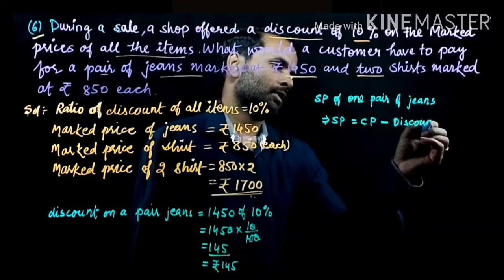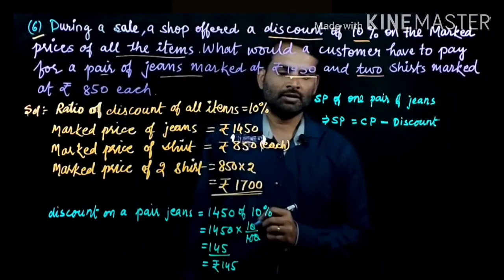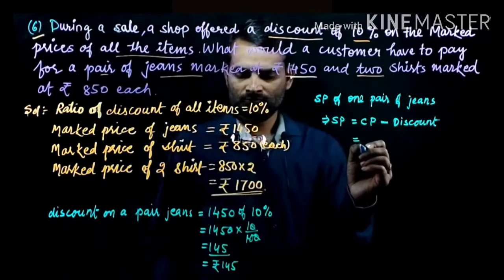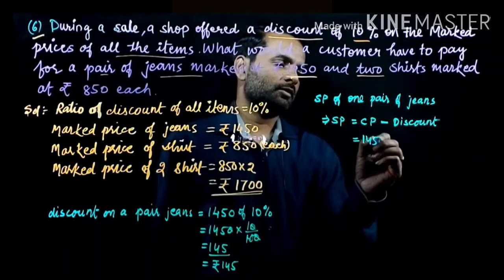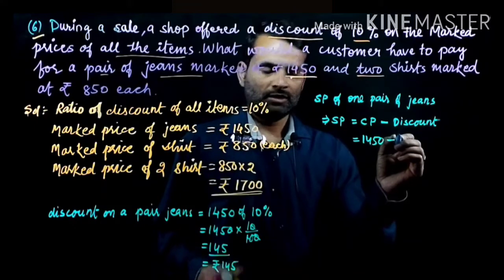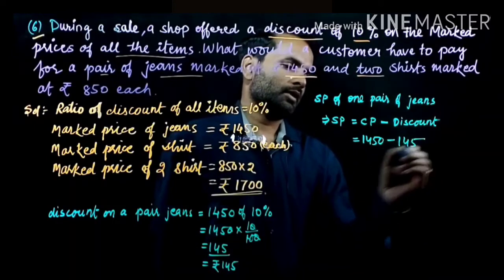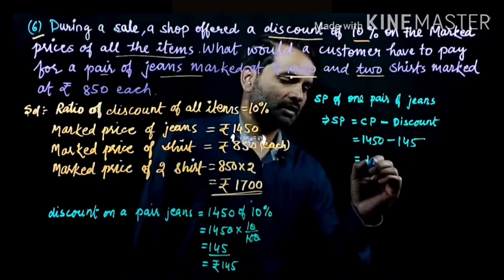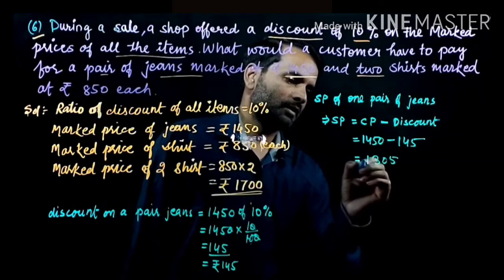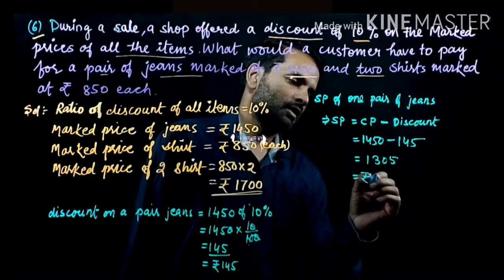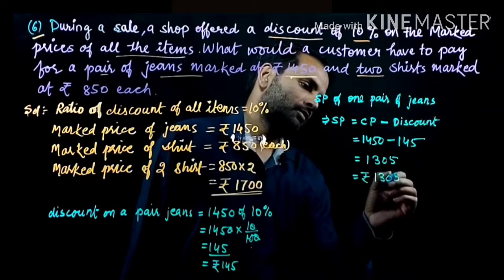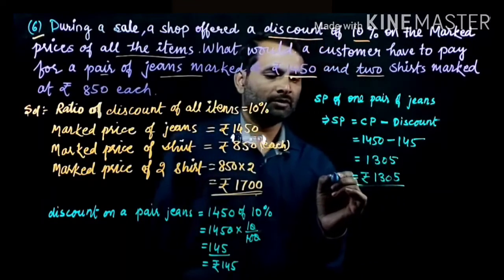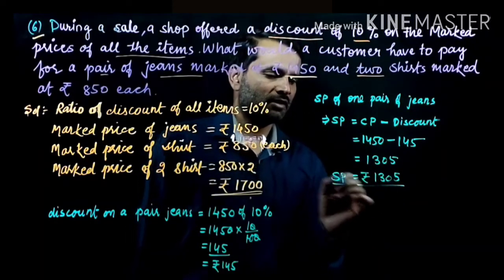So CP is 1450 minus 145, which means 1305 rupees. 1305 is the SP of jeans.